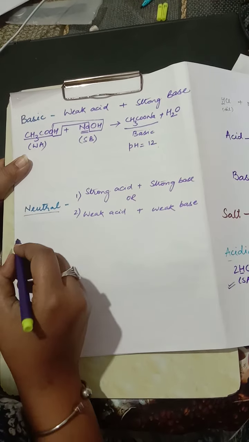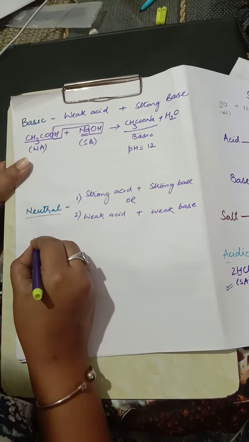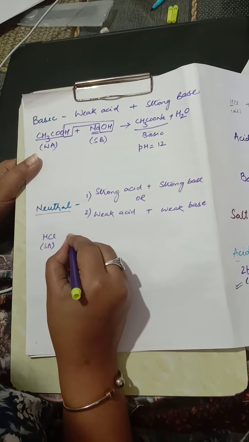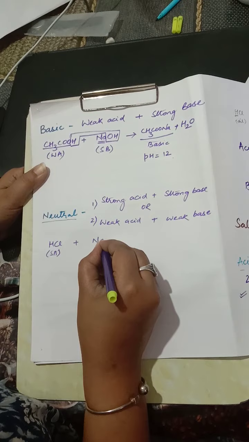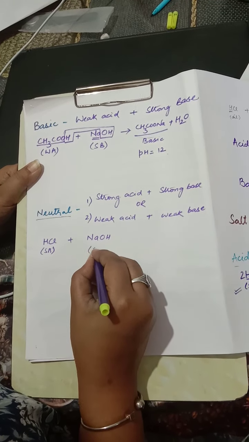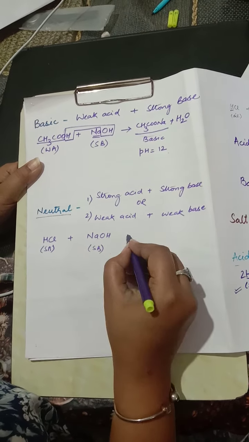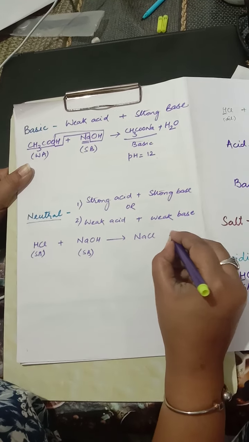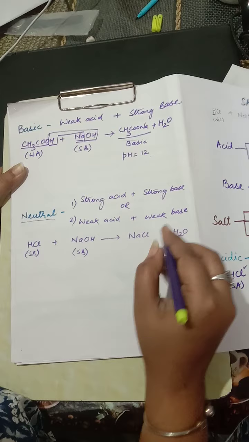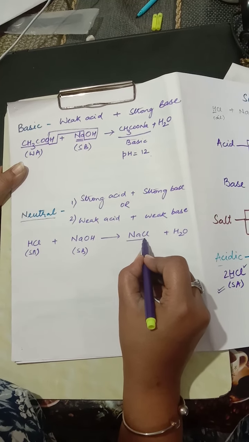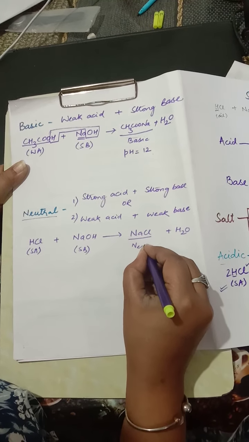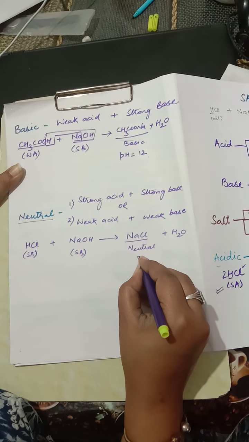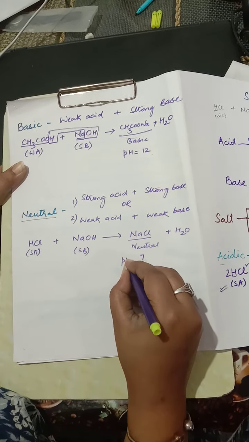For example, when HCl, which is strong acid, is neutralized by sodium hydroxide, again strong base, they will give you NaCl and water. Here NaCl is neutral in nature and its pH value is 7. Why 7?